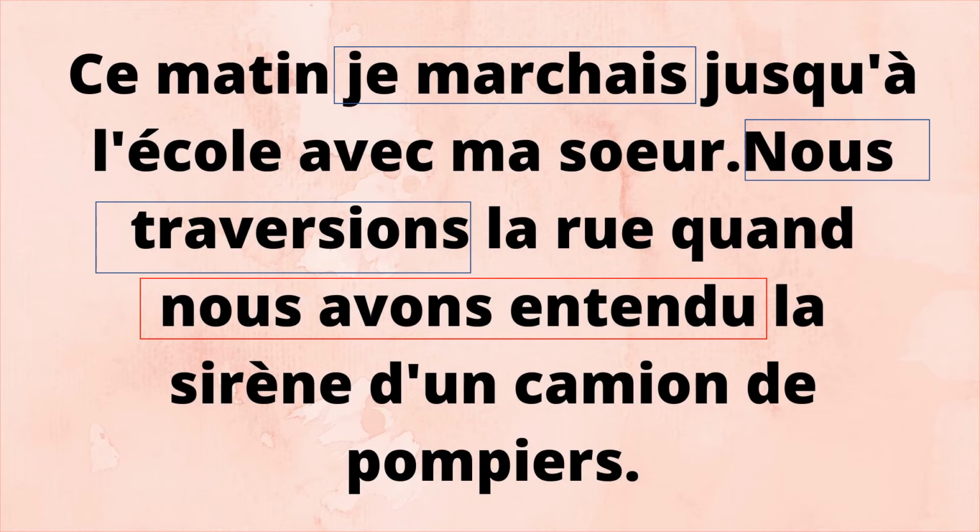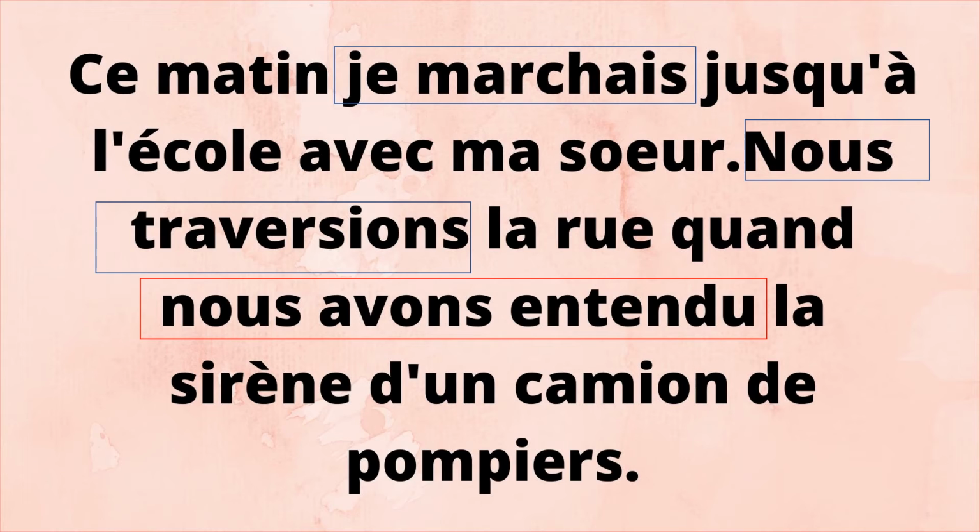Ce matin, je marchais. So in blue, I have the imperfect. So this morning, je marchais. I was walking. Okay, so it's an action that would have been taking place in the past in a continuous sense.